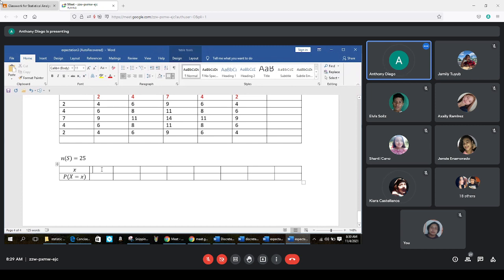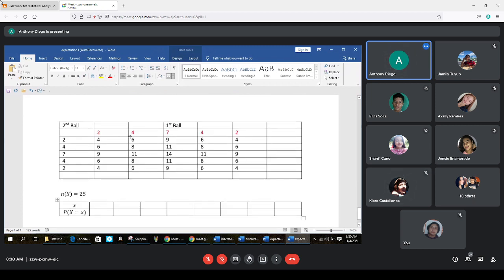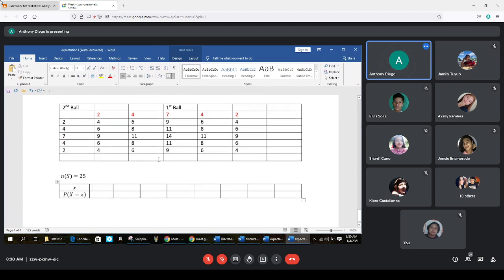Now, what will be the possible scores that we can get? What are the possible scores you notice? 4. What is the other score? 6. We can get 8.